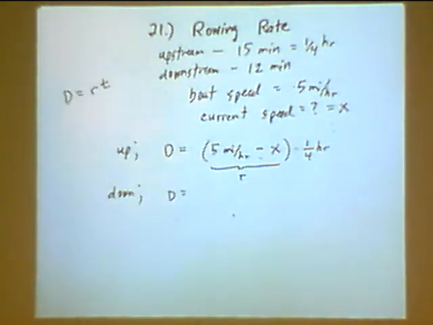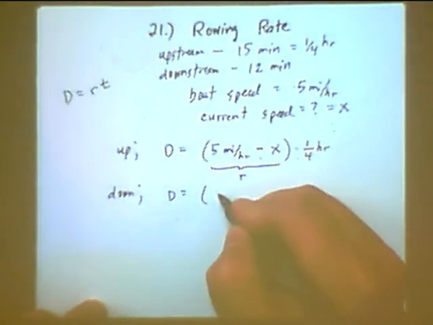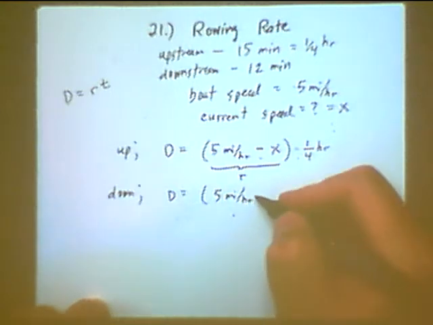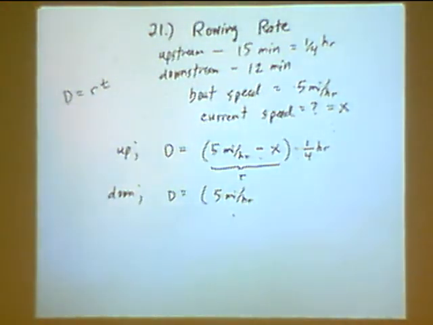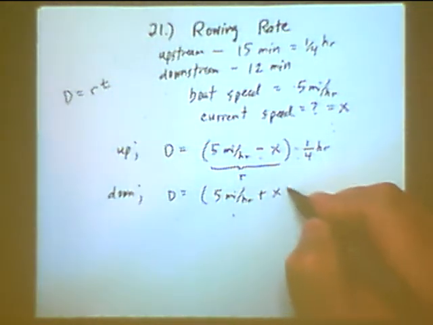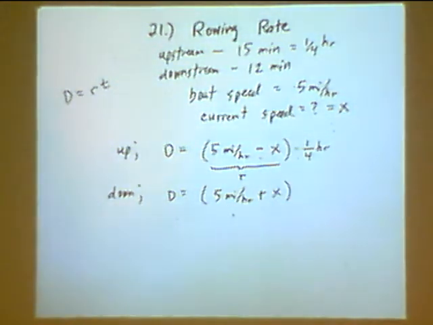Now going downstream, his boat speed is still 5 miles per hour, but now the stream is helping him. As a matter of fact, the stream is speeding him up. So his overall rate now is going to be 5 miles per hour plus x. So it's his boat speed, which is 5 miles per hour, plus the rate of the current, or the rate of the stream.